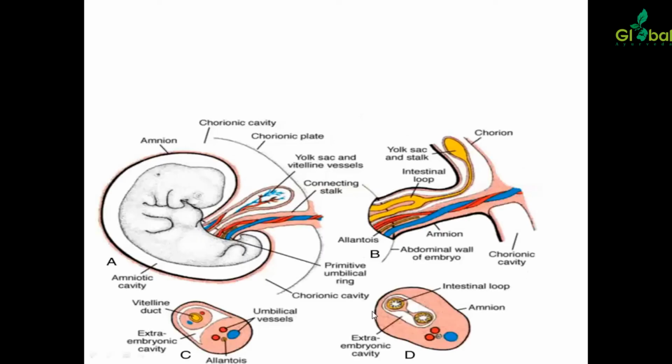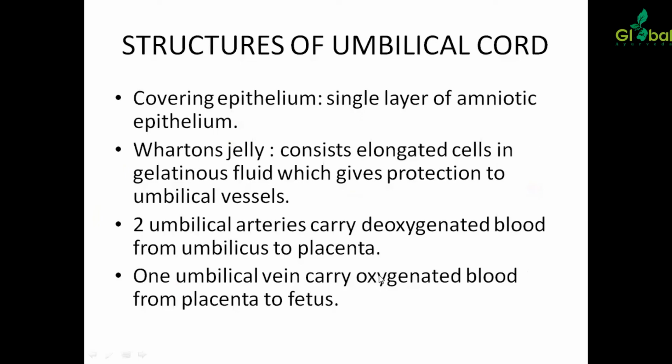In the picture, we can see the structures of the umbilical cord. It consists of covering epithelium, Wharton's jelly, two umbilical arteries, and one umbilical vein. The covering epithelium is made up of amniotic epithelium. Wharton's jelly consists of elongated cells in gelatinous fluid and gives protection to the umbilical vessels.